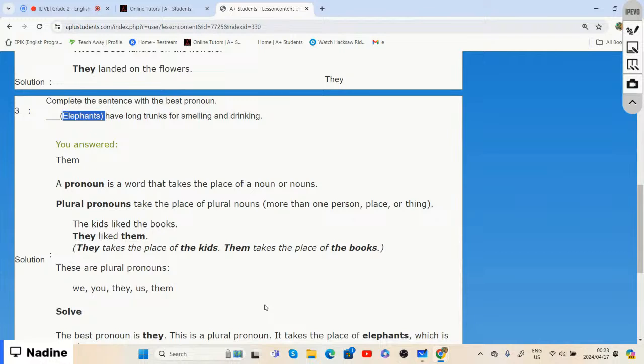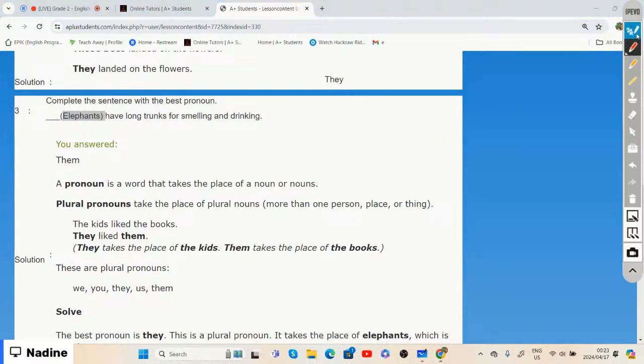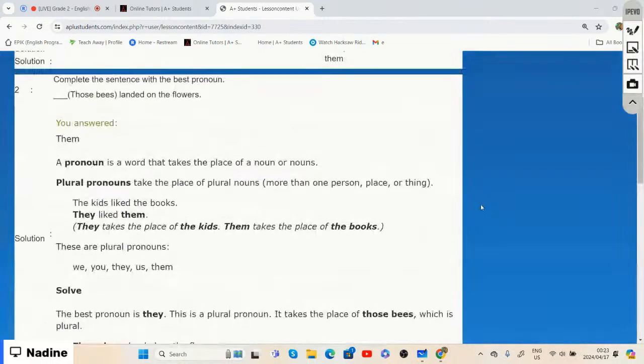All right. And if we choose the correct one, if we replace the word elephants, we can say they have long trunks for smelling and drinking. So well done. They is correct.